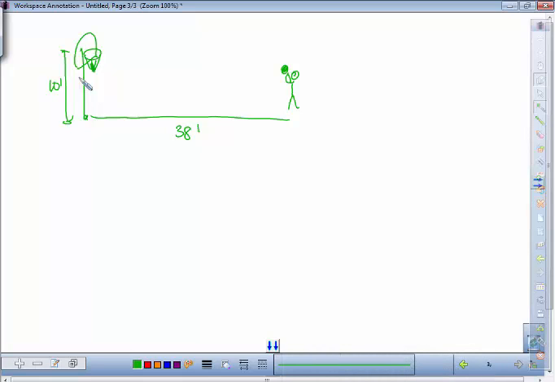So let's make up a couple of things. Let's make up the height of the ball when it leaves his hand. How tall is he? 6'2", 6'3". So if he jumps, maybe the ball would leave his hand at 7 feet. Maybe more than that, if he doesn't jump. So let's say the ball leaves his hand at 7 feet.